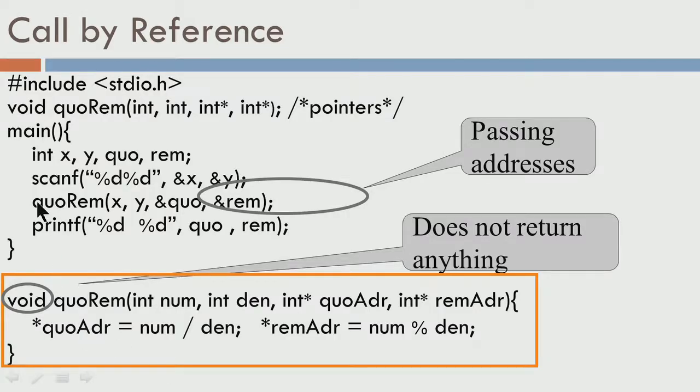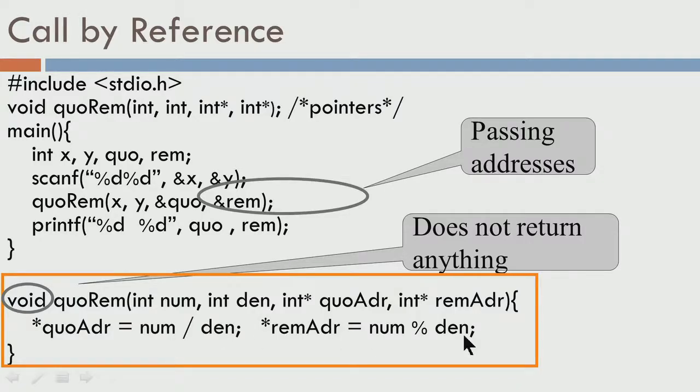When you come back here, since QUO ADR had a copy of ampersand of QUO and REM ADR had a copy of ampersand of REM, the pointers were copied. We already saw this, when you manipulate things with pointers, the memory locations are the same. So, QUO and REM actually would have appropriate values from num by den and num percentage den.